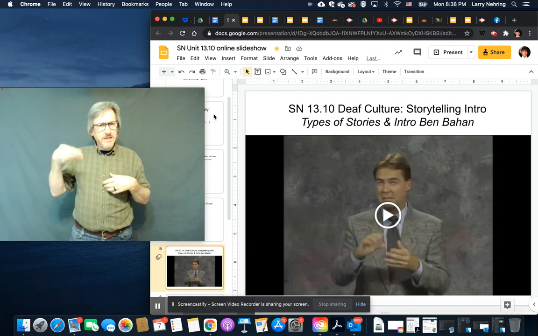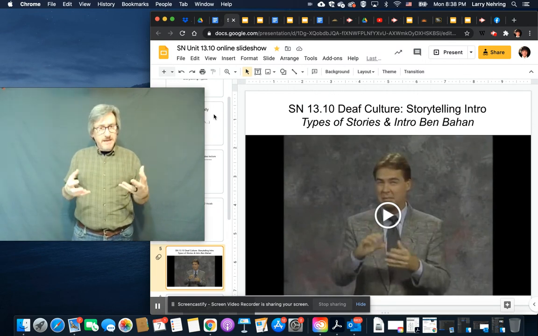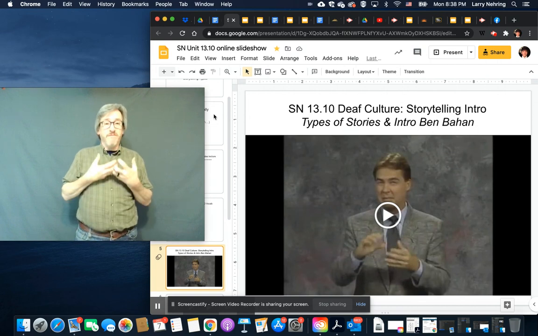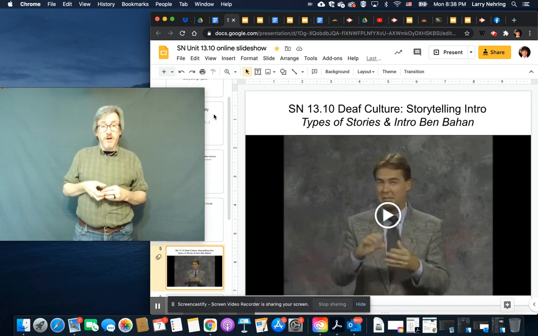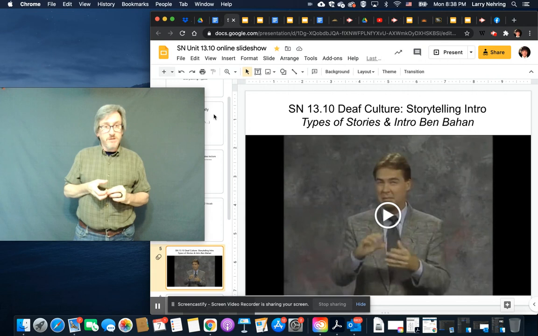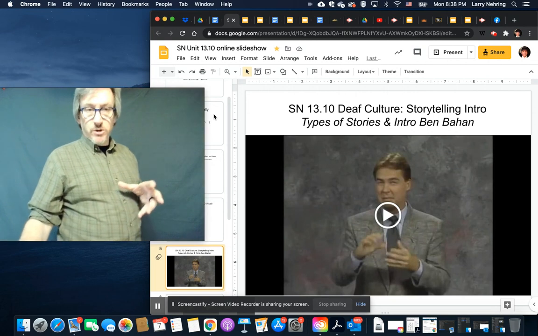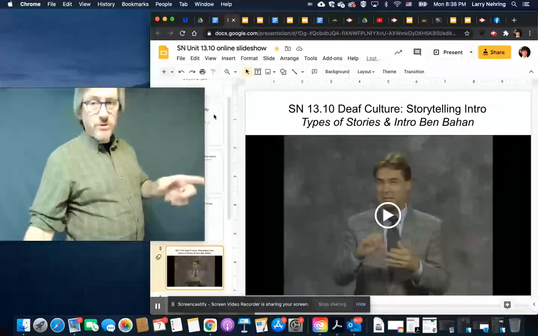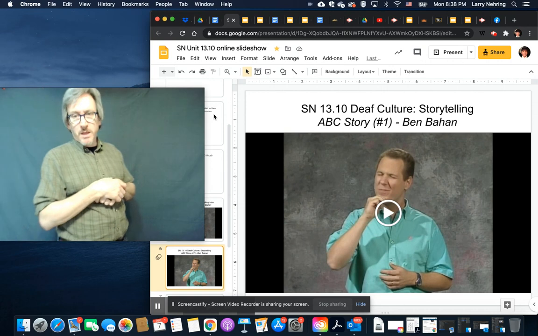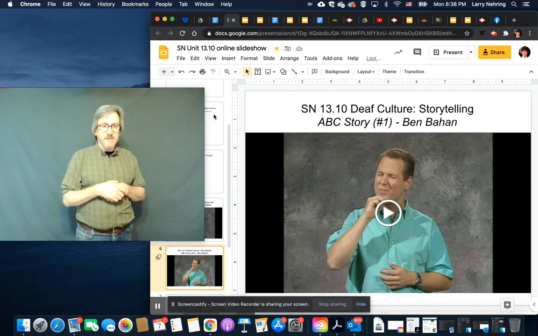They're pretty well known. They're a multi-generational deaf family, so their sign language is very strong and very clear. So they were definitely a reference point in terms of what is correct ASL, especially in the age of so much signed English. So he introduces another gentleman called Ben Bahan. Ben Bahan teaches ASL literature and deaf culture at Gallaudet University.